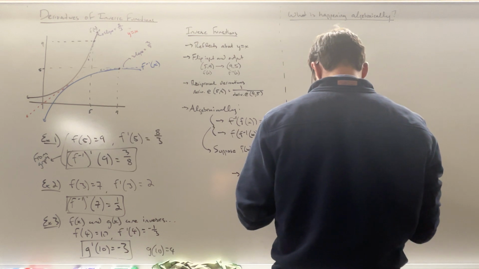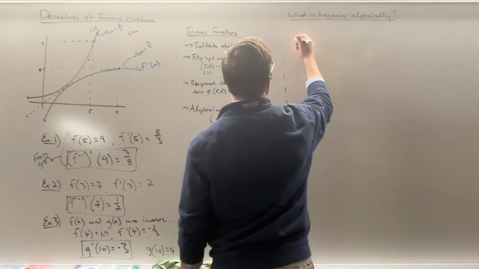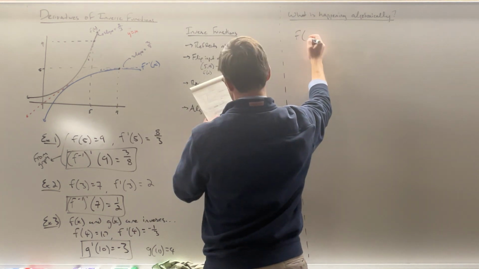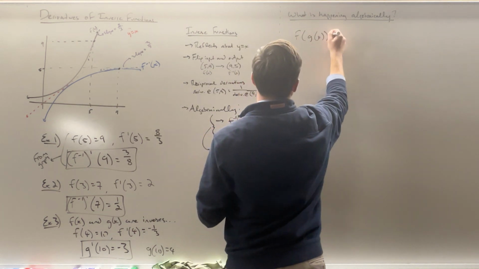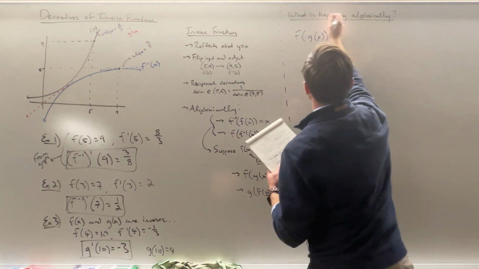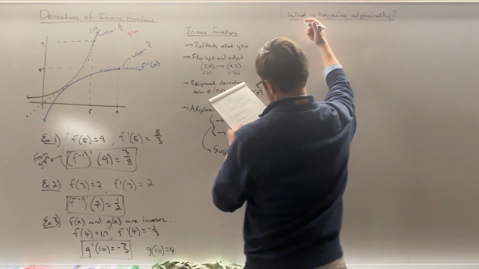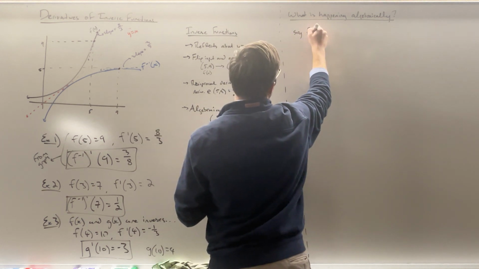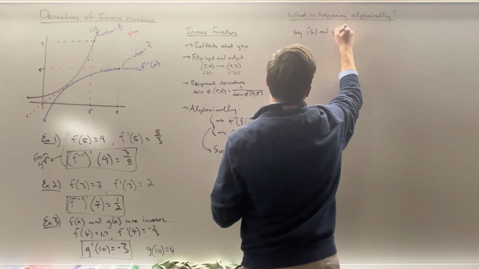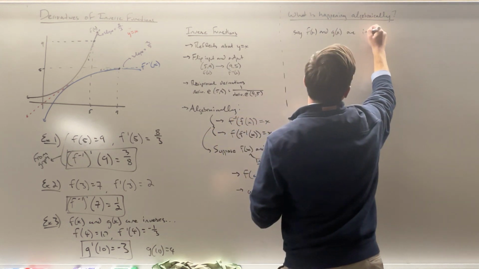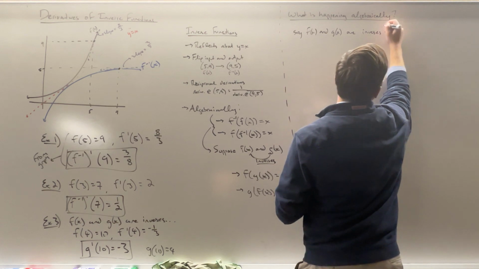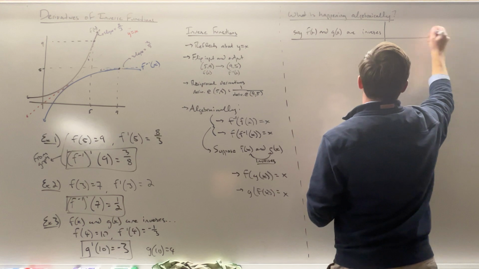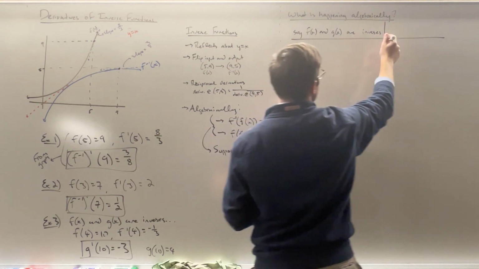Let's start with this. We know that f of g of x equals x. Let's say f of x and g of x are inverses. We're going to divide this paper in half. For this side, say f of x and g of x are inverses.